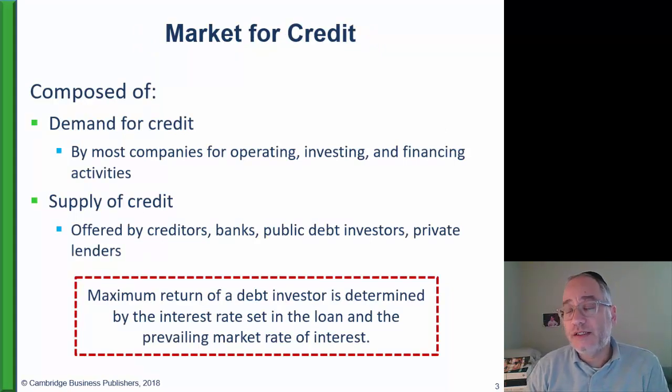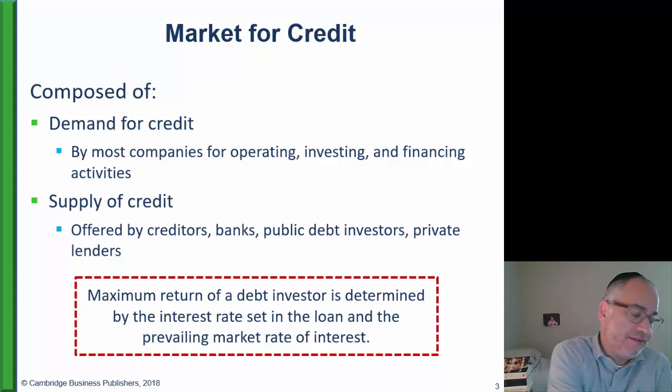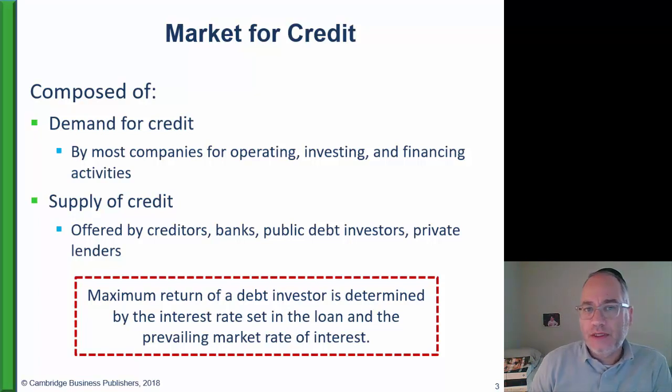So companies need debt in order to fund operations, investing, and financing activities. And what debt allows them to do, as opposed to equity, is provide a source of funding that's not going to impinge upon their ownership rights.